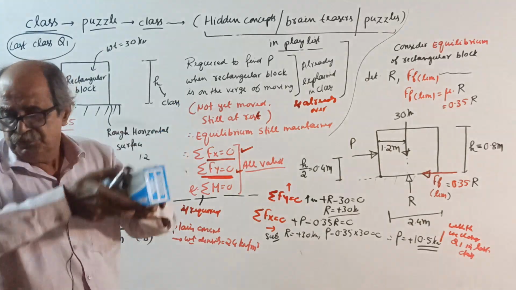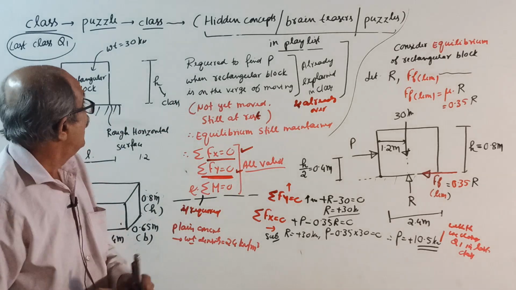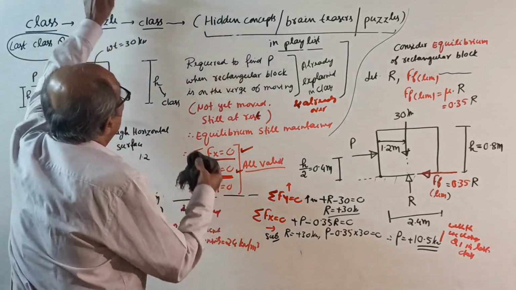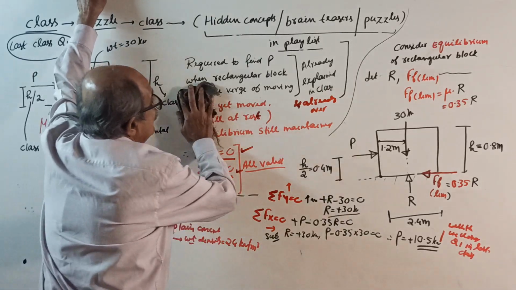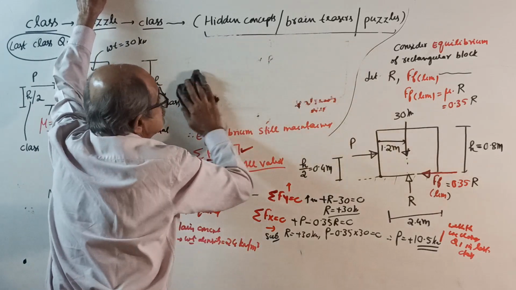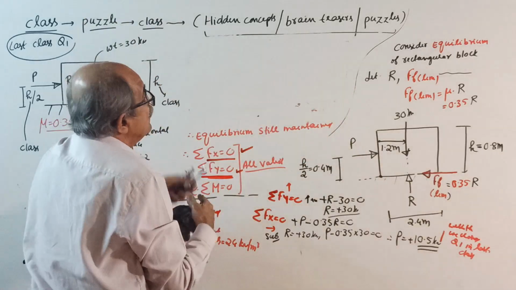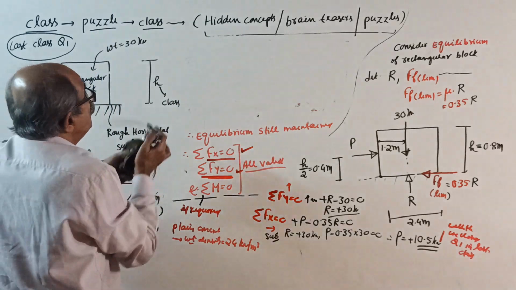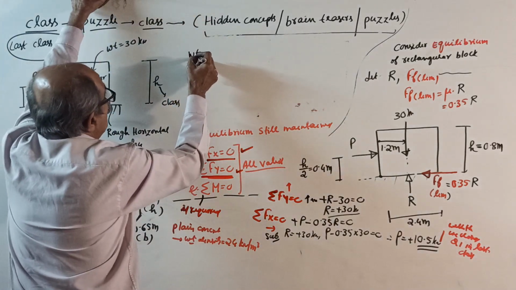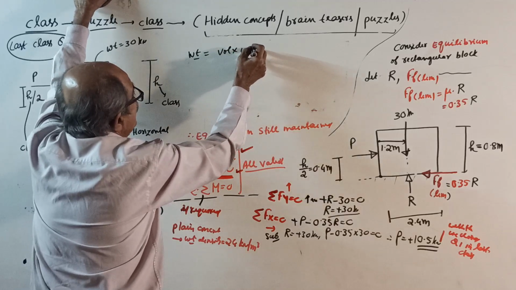Find the weight of this block. These are all things you should know. Now, this data, I will remove some of the part now. Required, find P. I will remove this one. You write fresh once again. Therefore, write here weight of the block equal to volume multiplied by weight density.